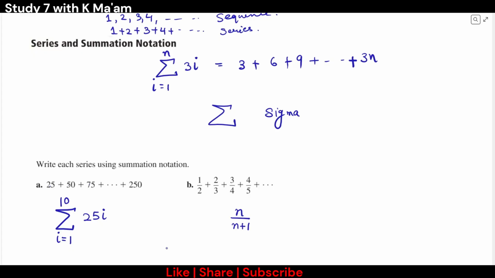It is the next term. And we can write the summation. Where does the summation start? Summation starts from 1. I is equal to 1. Where does it end? No, there is no end. It's continuously going on. So I put an infinite sign. It's an infinite series.